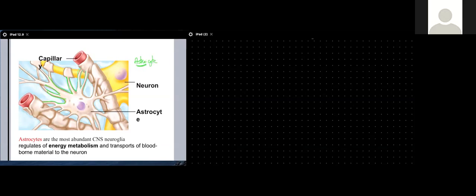Astro is star. Cyte is cell. So the cell that looks like a star, this is my astrocyte. And if you see on here, astrocytes are connecting what to what? They are connecting my blood vessels to the nerve cells, to the neurons.